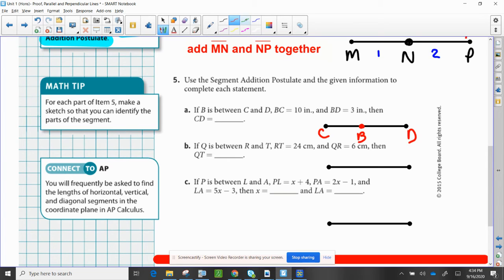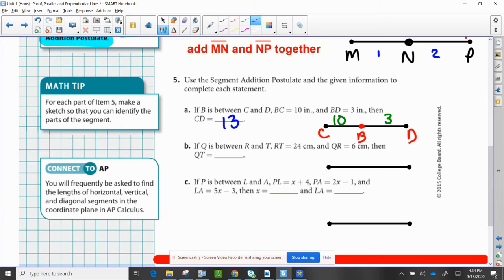They're telling us that BC is 10 inches and BD is 3 inches. We're going to find the length of CD, the entire line segment. So according to the segment addition postulate, I can take the line segments CB and BD, add them together to get the length of the whole. So 10 plus 3 would give me 13.